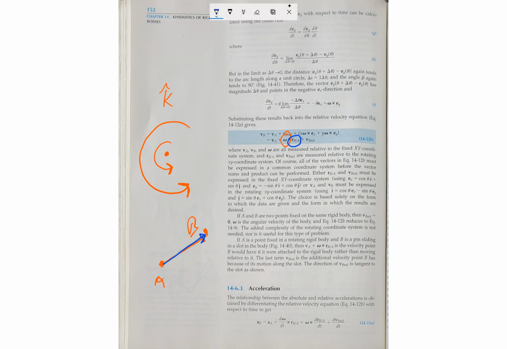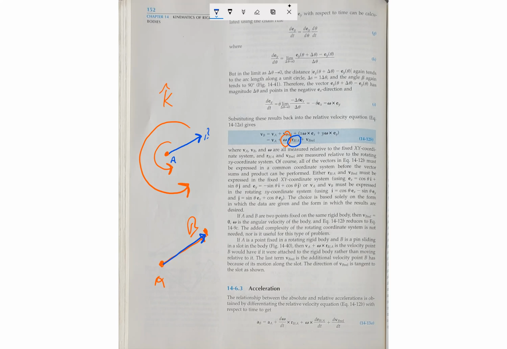So if we know that the rotation vector is k-hat coming out of the screen, and we have some position of B relative to A that is along the plane, then we have a 90-degree angle in three dimensions, right?